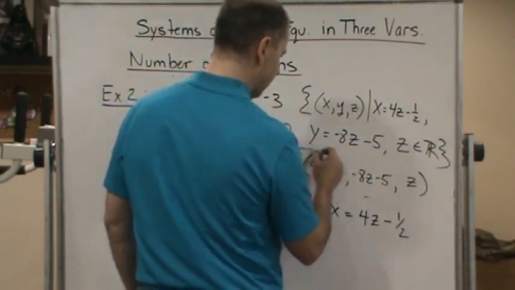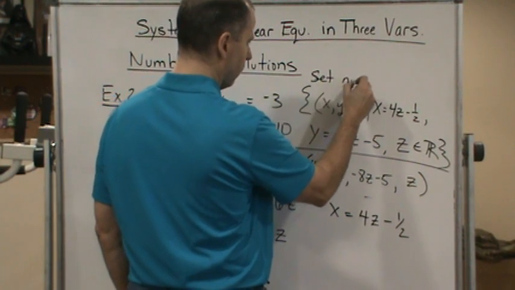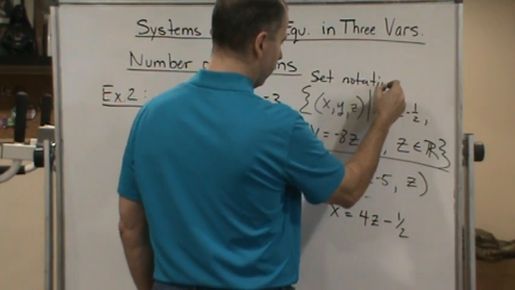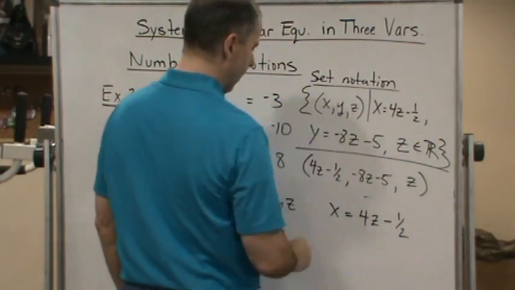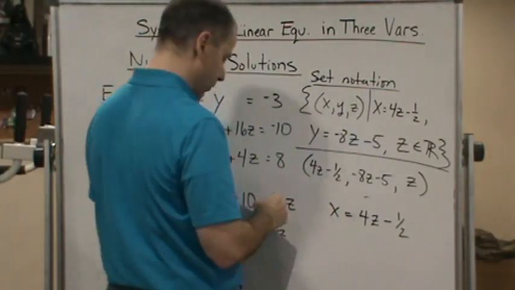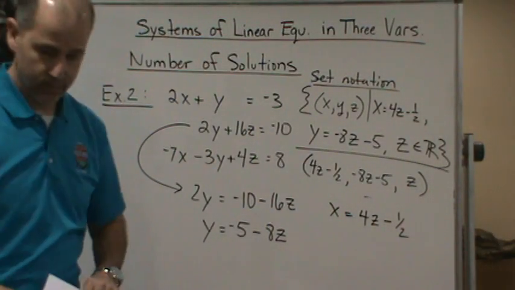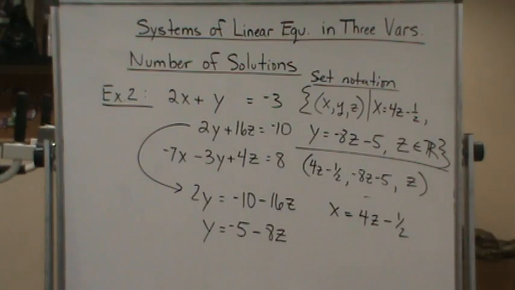Okay, but again, the difference is this is set notation, and this is just showing it as an ordered triple where z is any real number. Okay, that's it. So in this case, there's infinitely many solutions. The equations are dependent. And that's how you would show the solution set in set notation.